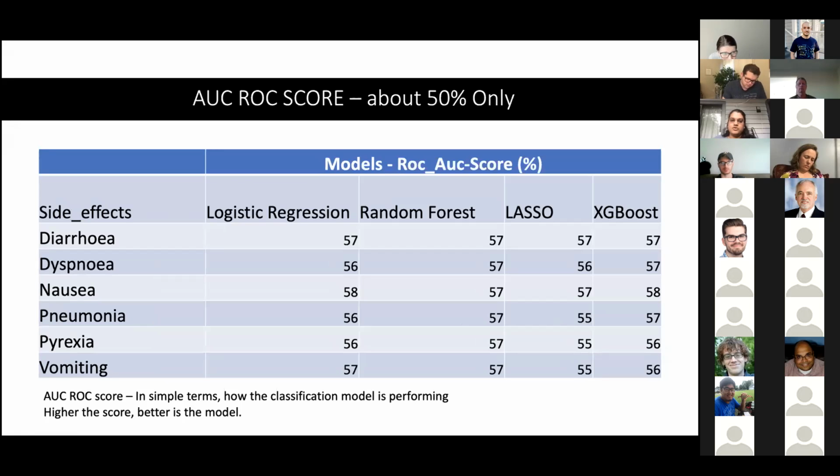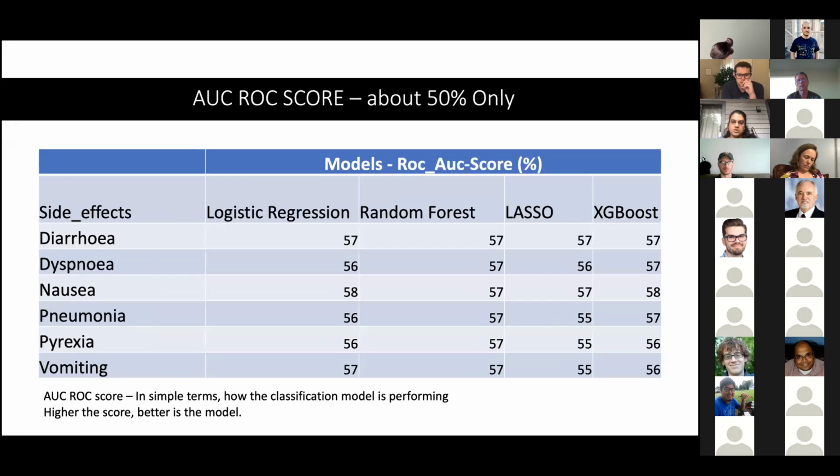In addition, the F1 score alone may not be enough as a metric to see if the model is good or not. So I used the AUC ROC score. Basically, the AUC ROC score shows how well the classification model is performing.